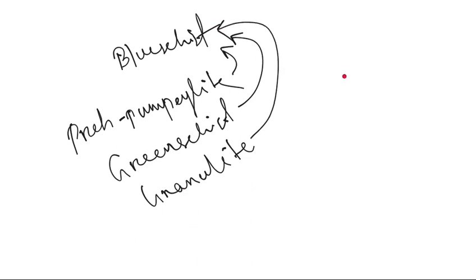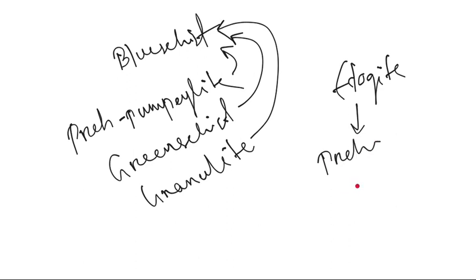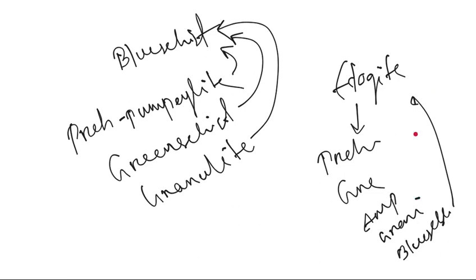And the eclogite facies can be formed from anywhere, like from prehnite-pumpellyite, or from green schist, or from amphibolite, or from granulite, or from blueschist. Eclogite can be formed from any facies. Everyone getting it now? So this is the thing.